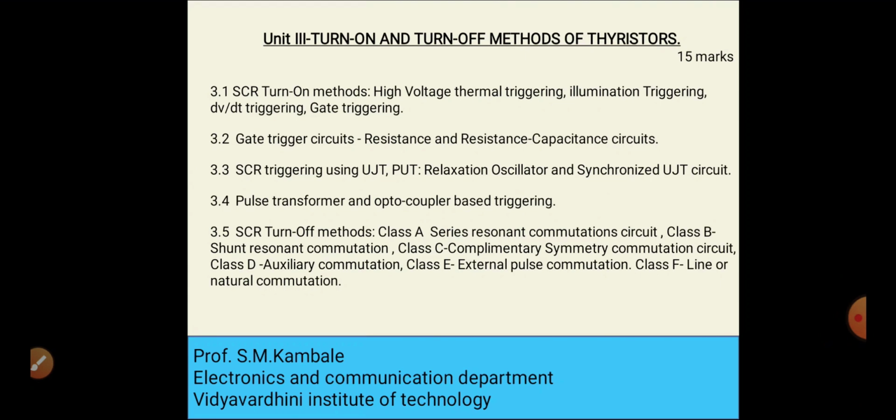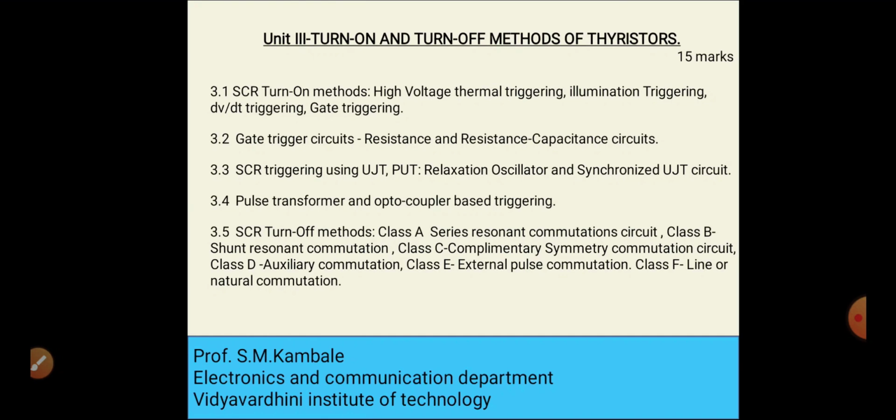Now next is illumination triggering. Illumination is nothing but light triggering, which is also called optical triggering. Third is dv by dt triggering. Here changes in the voltage are made, by which the SCR is turned on.